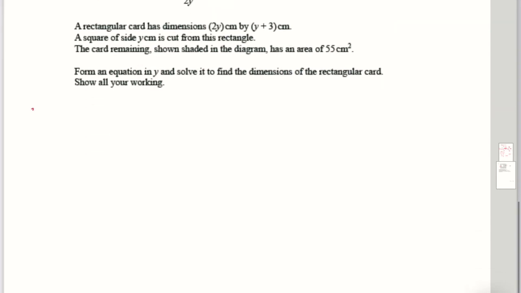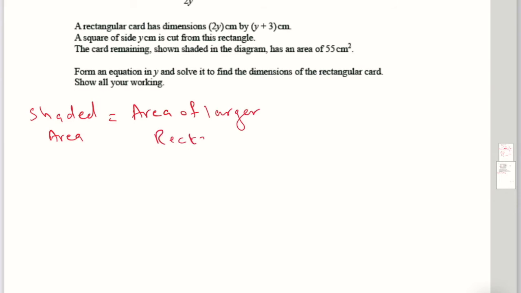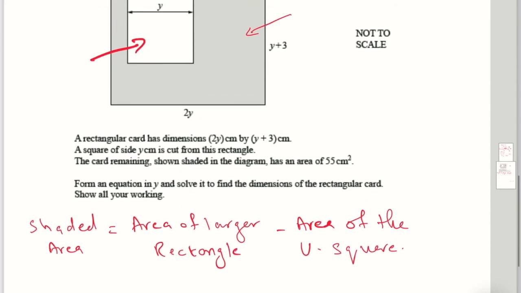So let's write that. The shaded area is technically equal to the area of the larger rectangle minus the area of the unshaded square. Now let's see what they've given us.